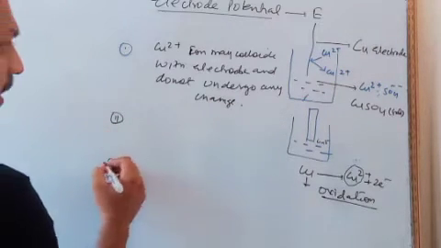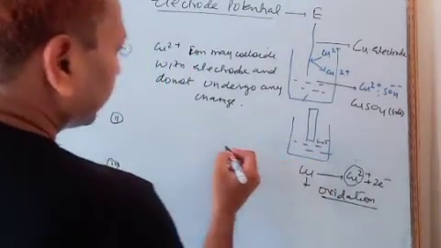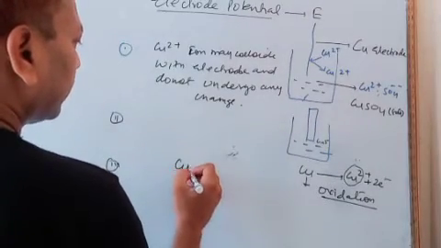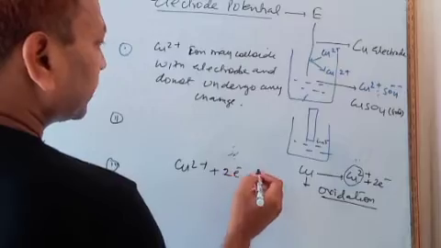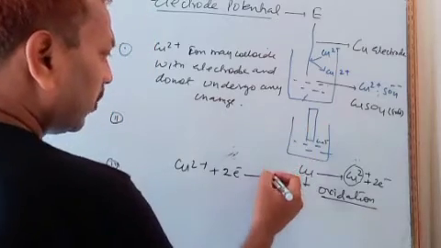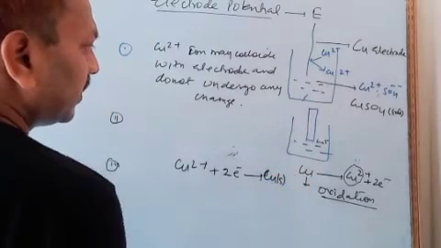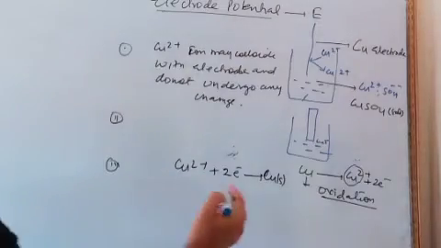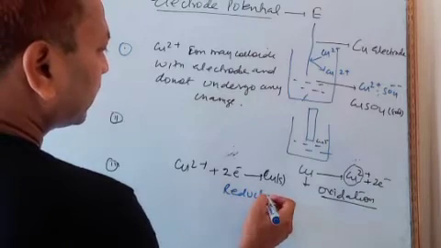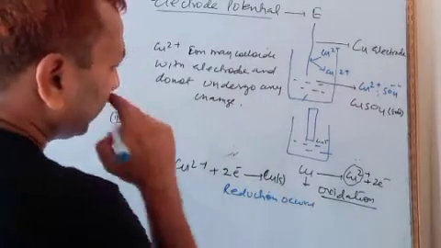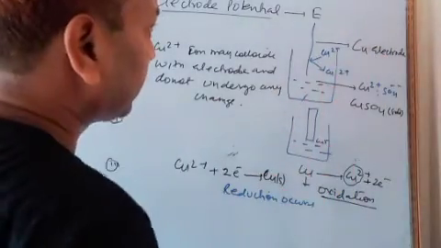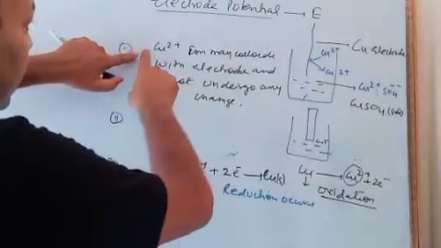The third possibility is that the copper ion gets 2 electrons from the electrode and converts into a metal atom. This is a gain of electrons, so reduction occurs. So when a copper electrode is immersed in copper sulfate solution, there are three possibilities.